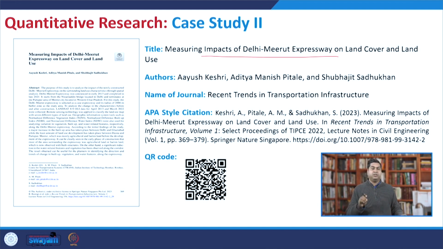Now, this is a huge infrastructure and a huge investment, and due to this investment there are certain changes. Depending on this expressway, people can now easily commute between Delhi and Meerut, and there are different exit points at different important nodes.